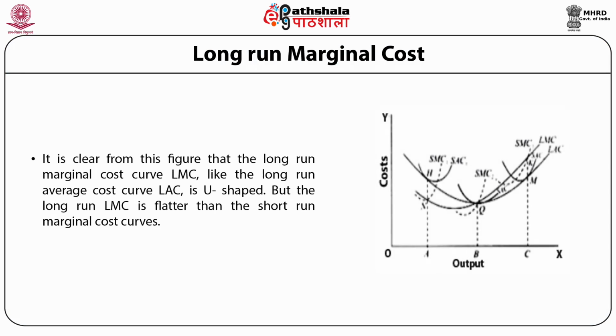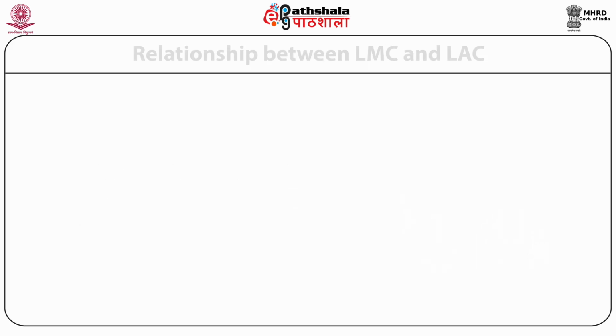It is clear from this figure that the long run marginal cost curve LMC, like the long run average cost curve LAC, is U-shaped, but the long run LMC is flatter than the short run marginal cost curves.